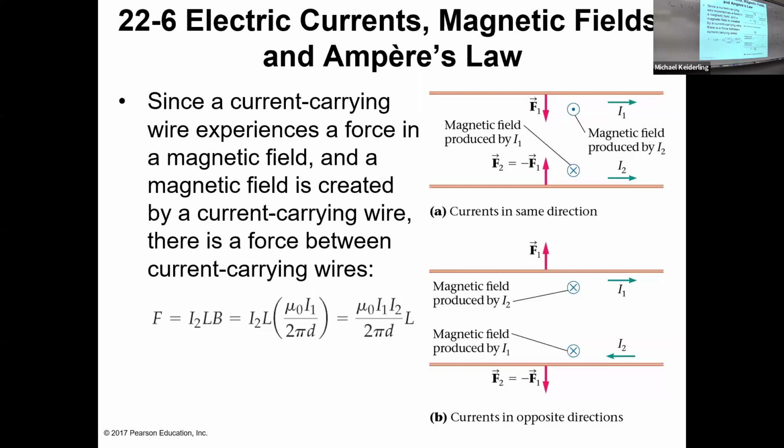So mu naught current 1 times current 2 over 2 pi d times the length. And that's how you end up getting this number. So if currents are in the same direction, the wires will be attracted to each other. If they're in opposite directions, they will repel.